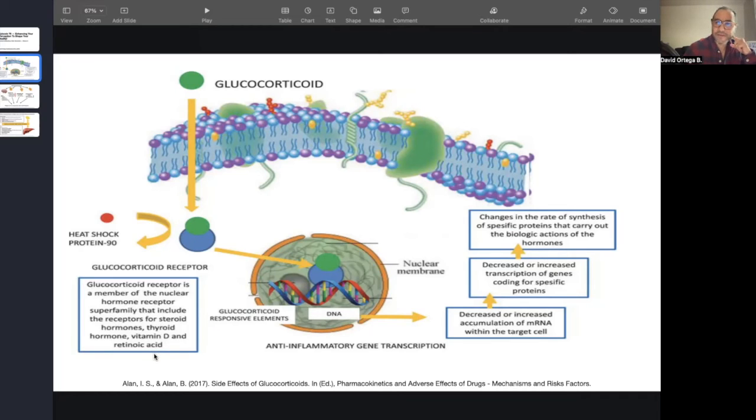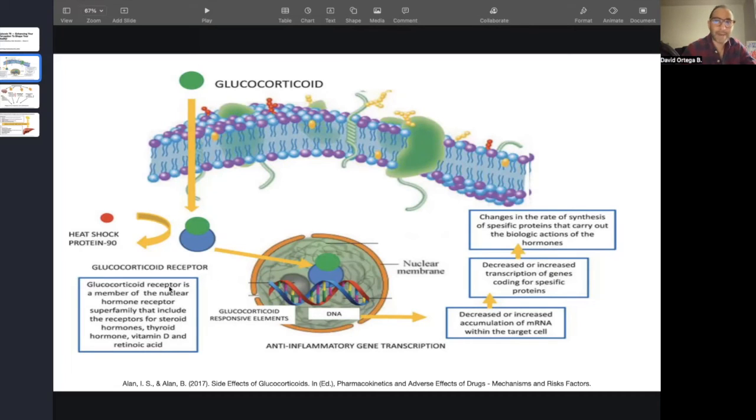So if you have a deficiency of vitamin D, which is one of the most important vitamins in terms of calcium absorption and also protecting you against viral diseases, this is why, because these glucocorticoids also bind to many of these receptors.